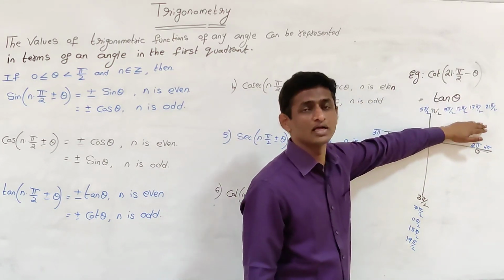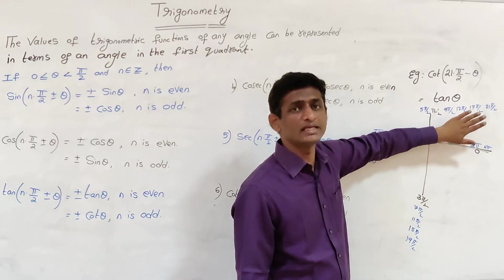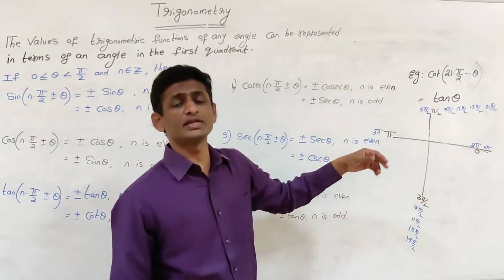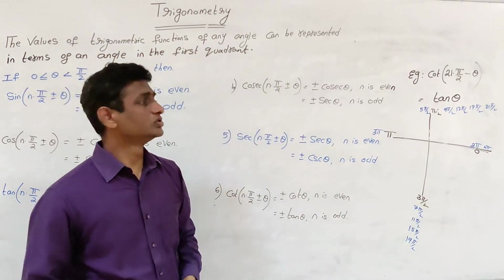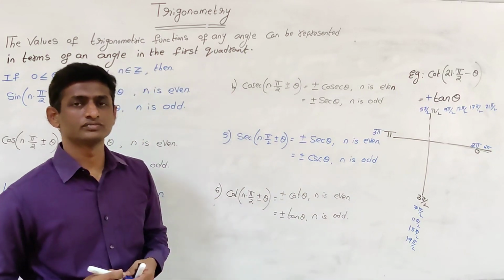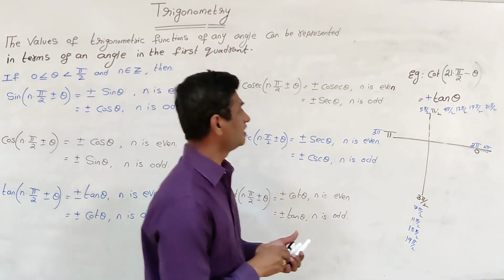Minus theta means the angle 21 times pi by 2 minus theta lies in the first quadrant. In the first quadrant, all trigonometric ratios are positive. So it will be positive, so plus tan theta.